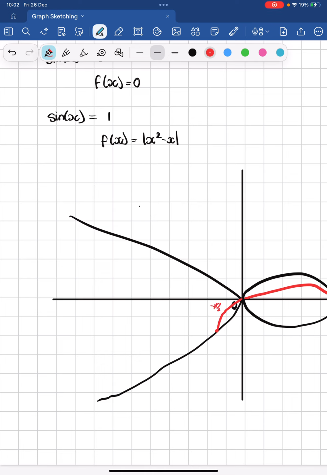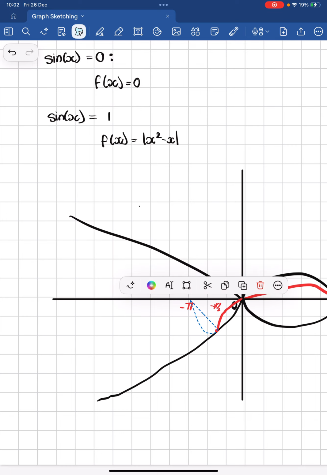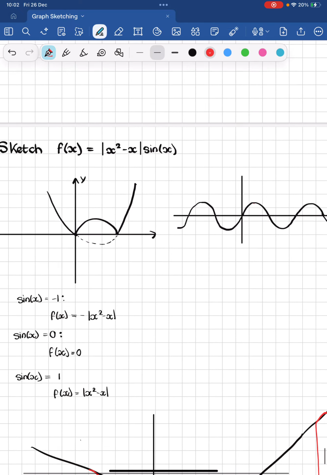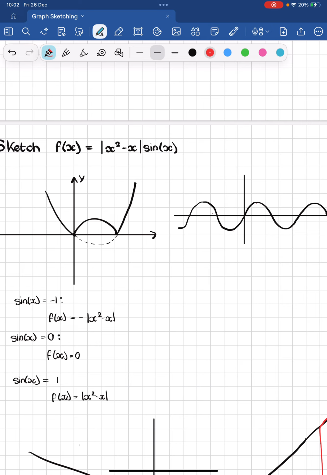Then we've got sine minus pi, which equals 0. And then that should be more rounded. Then we've got minus 3 pi over 2, which is just equal to 1 here.